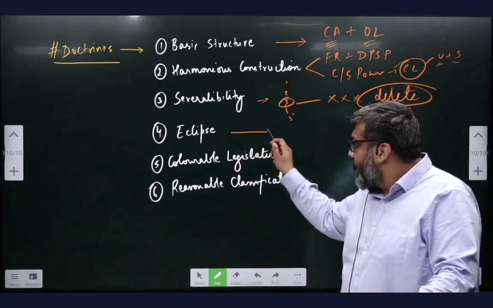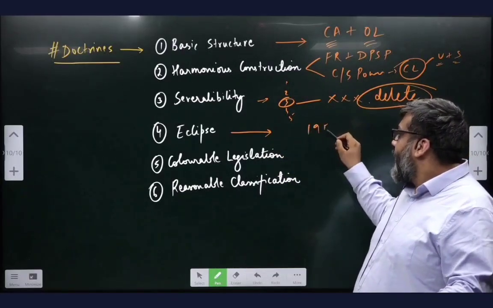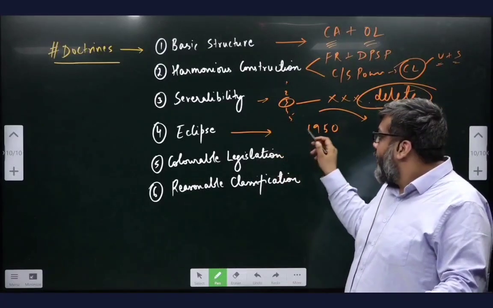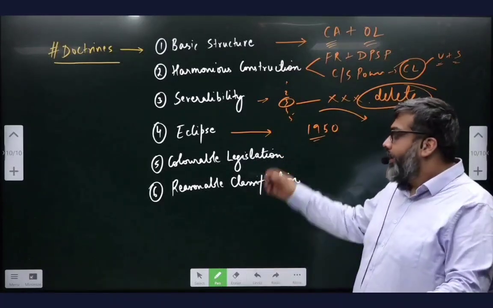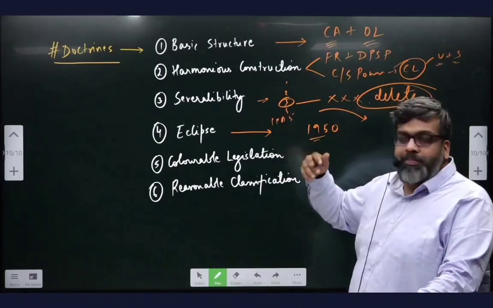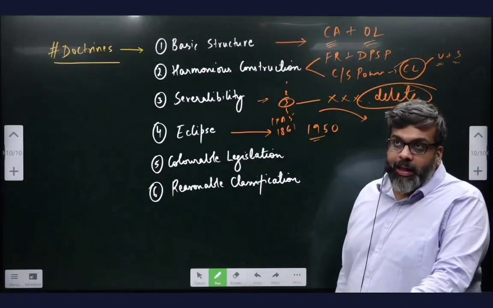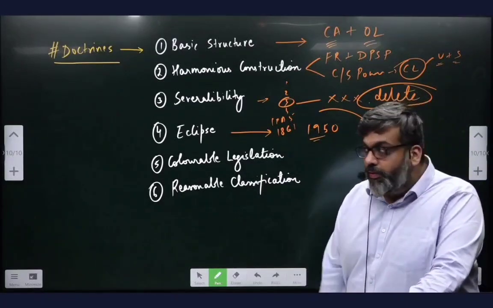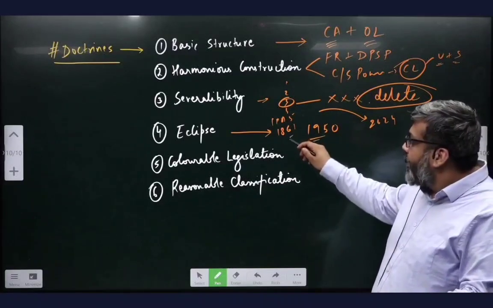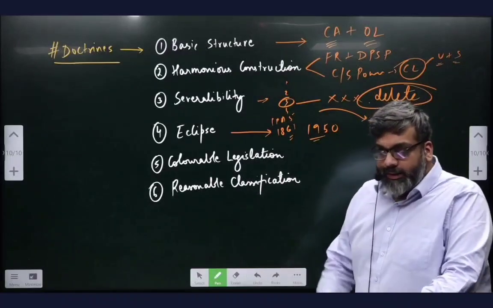The doctrine of eclipse means simply this: if there is a law that is being enforced in India, but the law was enacted before 1950, let's say for example the Indian Police Act of 1861, because the penal code no longer exists, which allows for restrictions on movement. It's also applicable in 2024. You have a particular problem with a section of the 1861 Police Act or the Police Act as a whole.